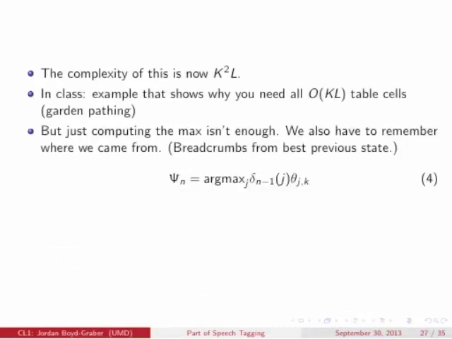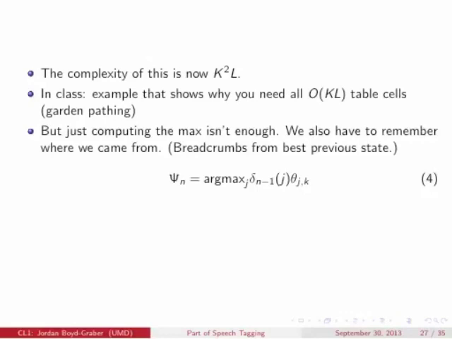The complexity of this algorithm is k squared L. It's k squared L because we have a table of size k times L, and in order to fill each of those cells, we need to look at the k previous states.